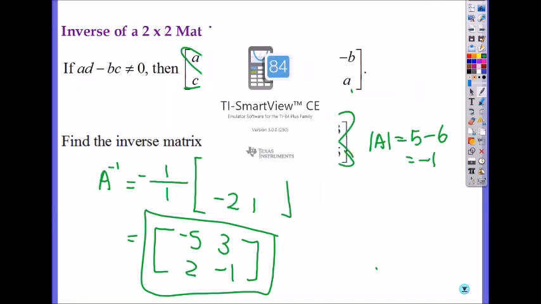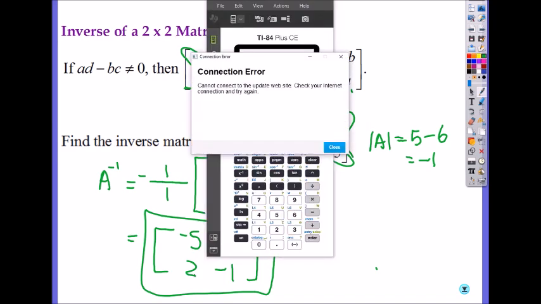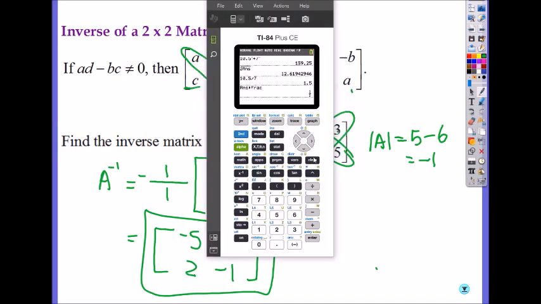Where's the matrix? Do you see any matrix sign on the calculator? Yes, right here, where it says inverse. So go to second matrix. You go to edit. You have to edit your matrix.